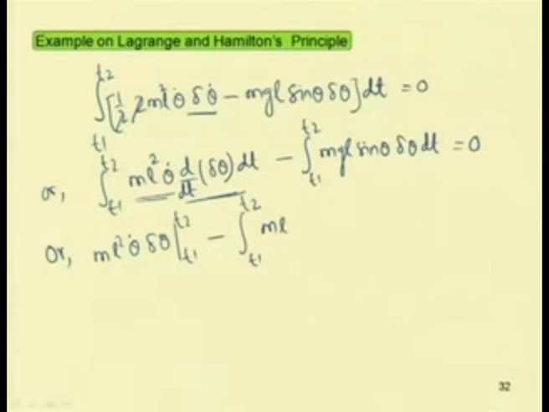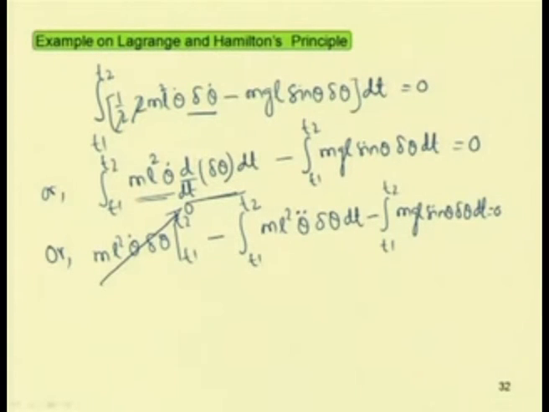So, this will give m L square theta double dot, then delta theta dt, minus integration T1 to T2 of mgl sin theta delta theta dt equal to 0. But we know this delta theta at T1 equal to 0 and delta theta at T2 equal to 0. So, these terms become 0. So, the remaining things now become integration T1 to T2.